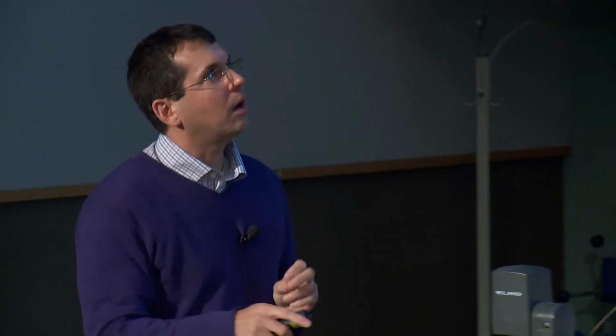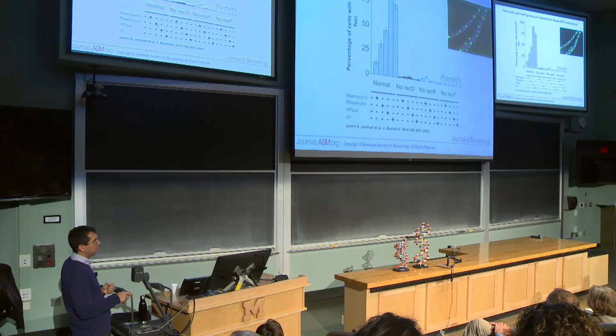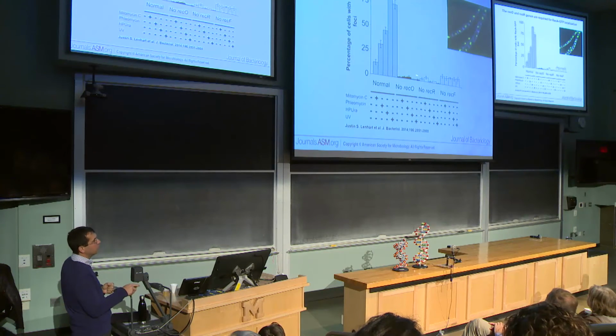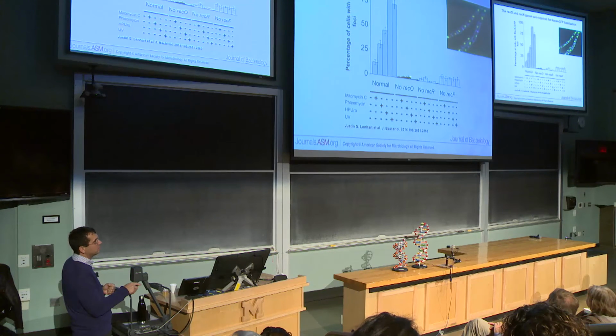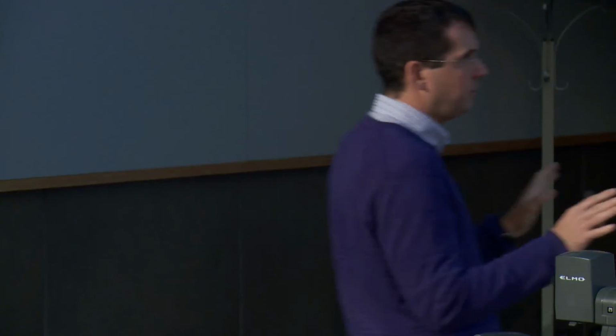Okay. So if we think about that REC-FOR complex that I was talking about, what happens if we take the cells and delete the REC-O gene? There's really no response, even when we're damaging those cells. If we delete the REC-R gene, there's a little bit, but not much. We've really gotten rid of the ability of that protein to form those complexes.